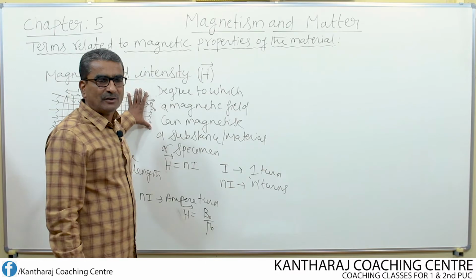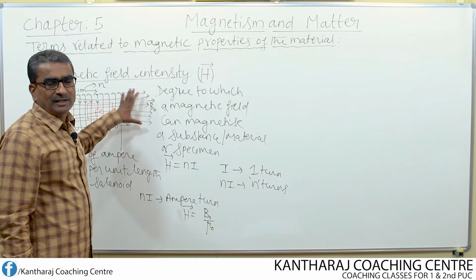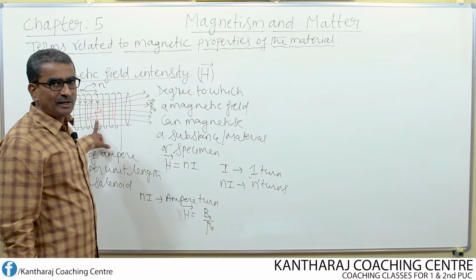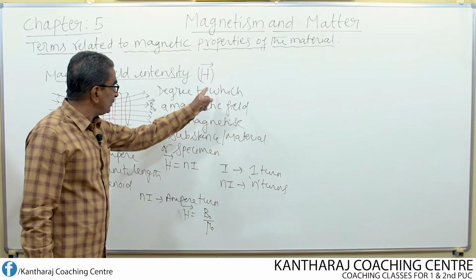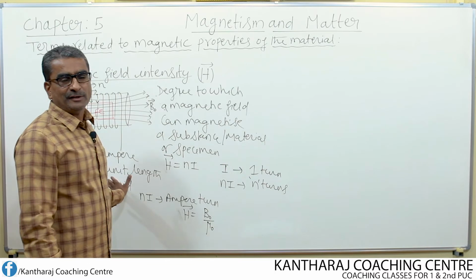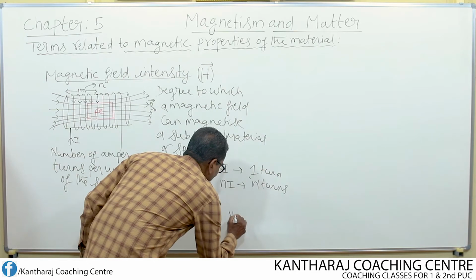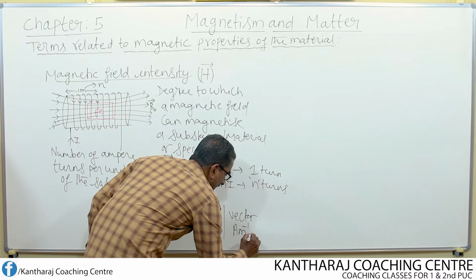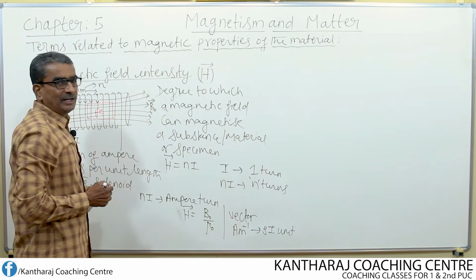If the field is strong enough, then this material also gets magnetized strongly. If this field is weak, then this material gets magnetized weakly. Whether the substance gets magnetized weakly or strongly depends on this magnetic field. So that is why we write this as the degree to which this magnetic field can magnetize, or the number of ampere turns per unit length of the solenoid. Then what is its SI unit? It is once again a vector quantity, and its SI unit is ampere per meter.